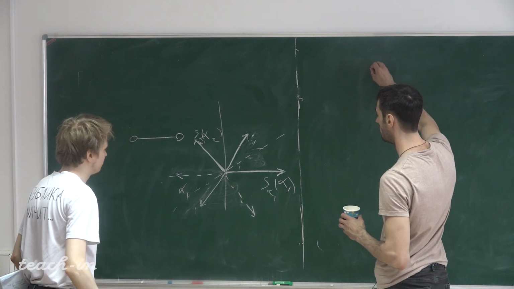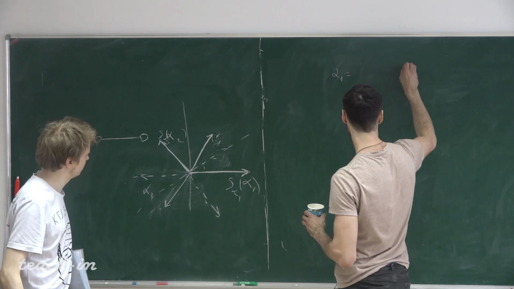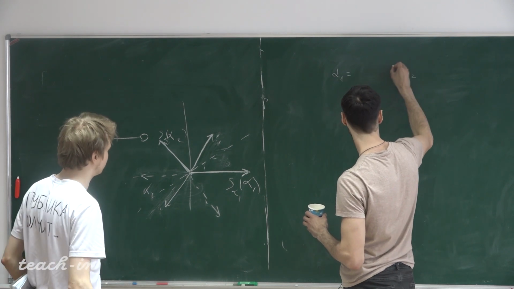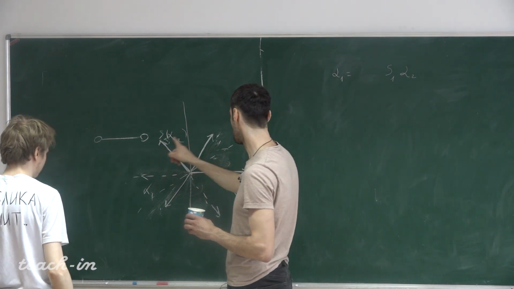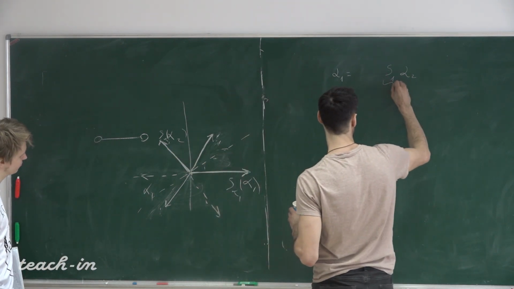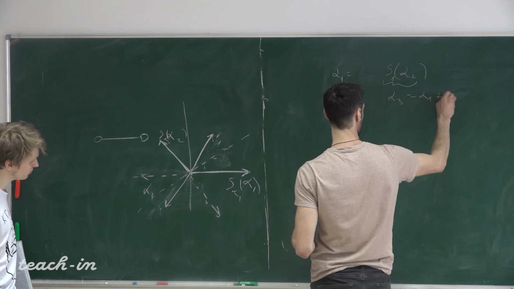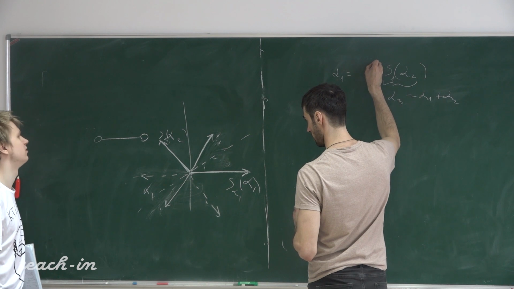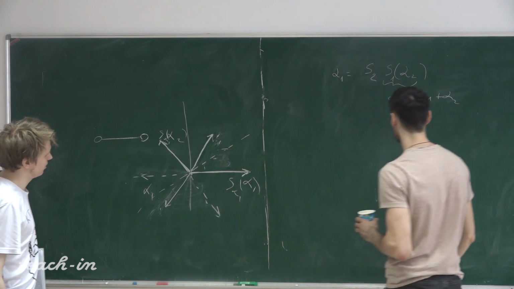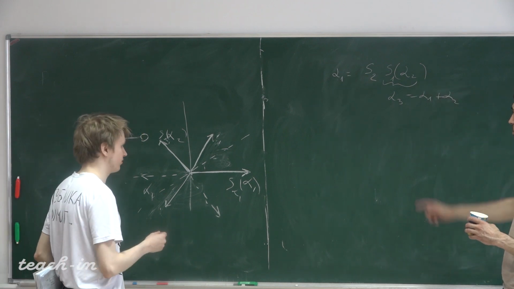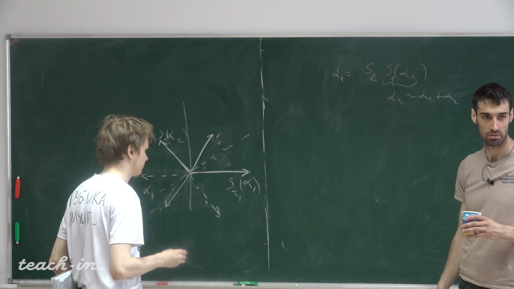So therefore, starting from alpha2, we apply S1. When we apply S1, we get here. So this is alpha3, which is alpha1 plus alpha2. And then apply S2. Now alpha1 and alpha2 are connected by an action of the Weyl group.